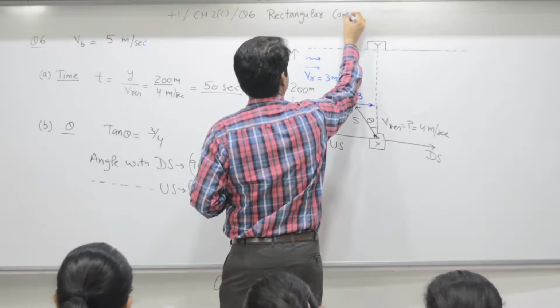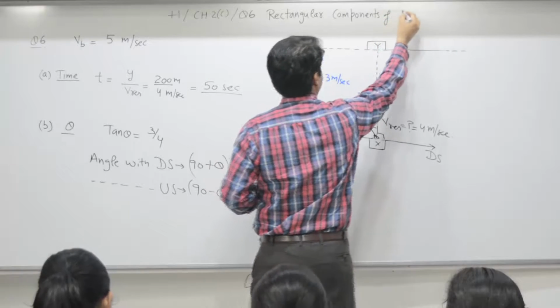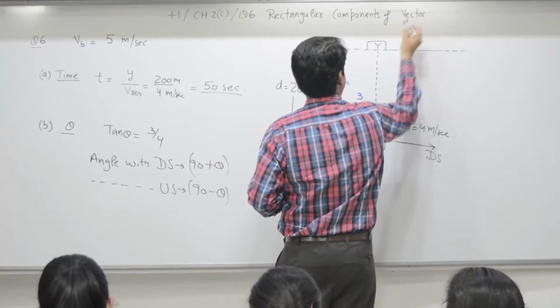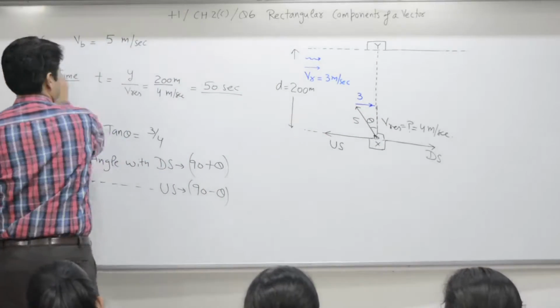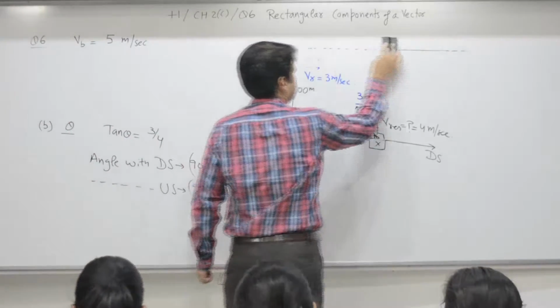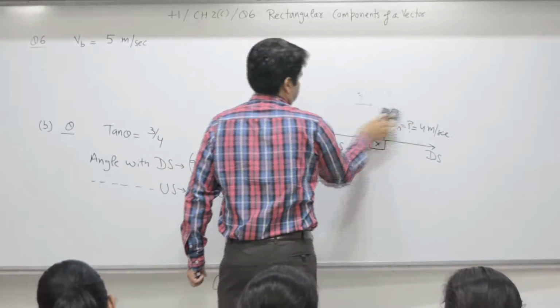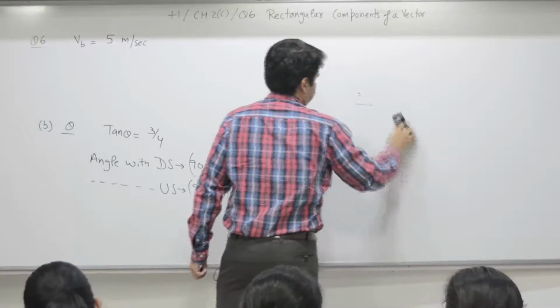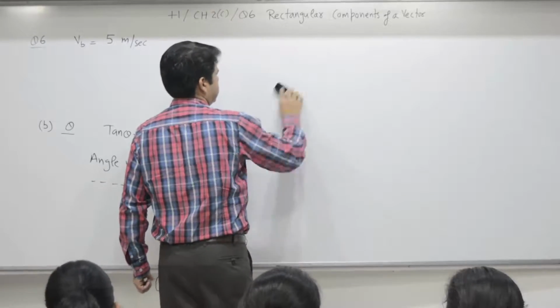Rectangular components of a vector. First case is for 2 dimension.